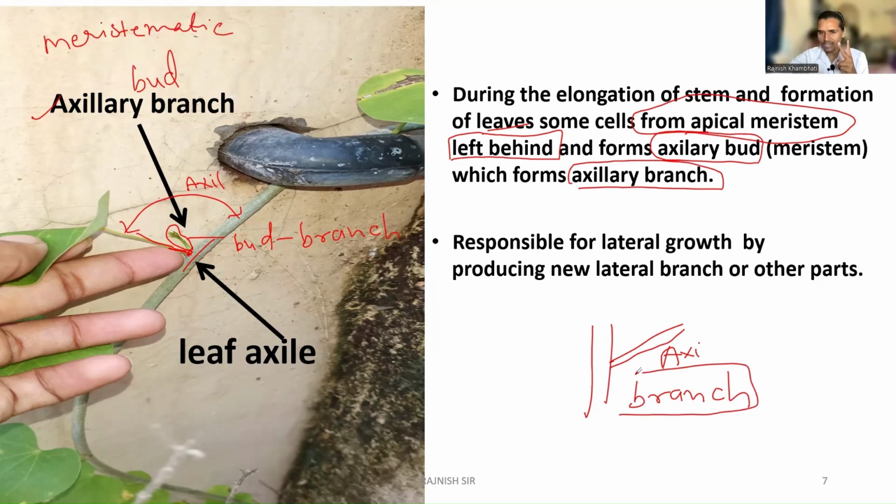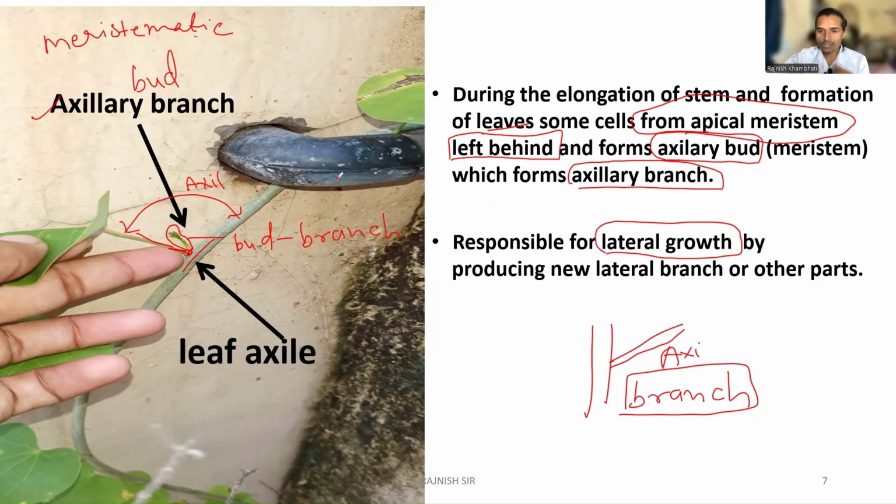So two points are clear. One point is how plants grow in height. The second point is how plants grow their side branches. Clear? The axillary buds are responsible for lateral growth. Lateral means side, left and right, or surrounding.